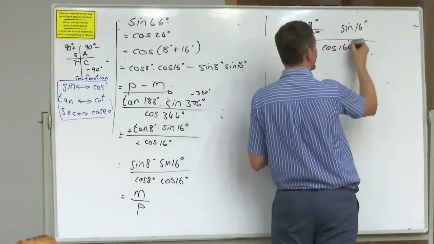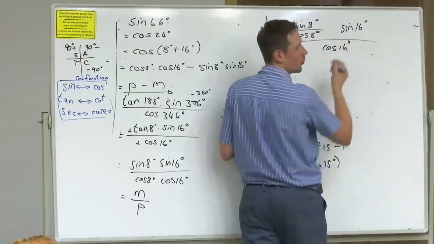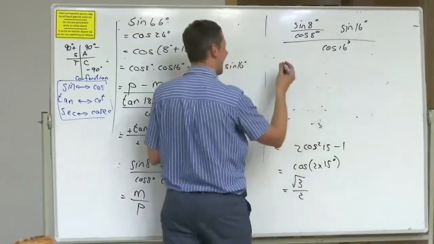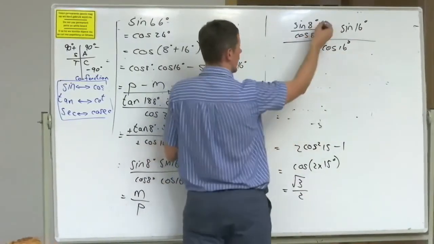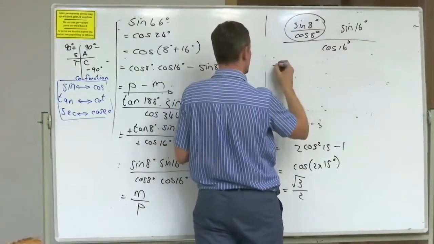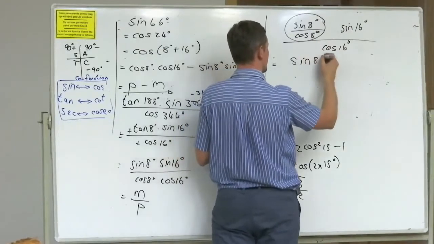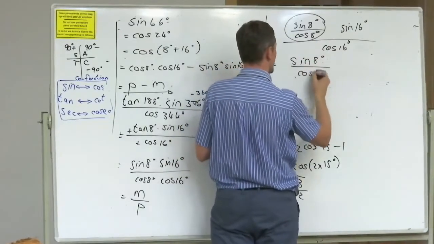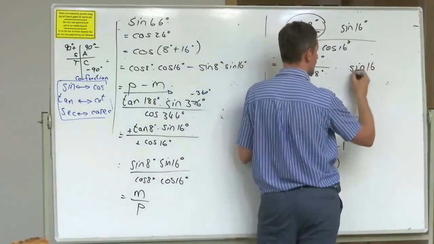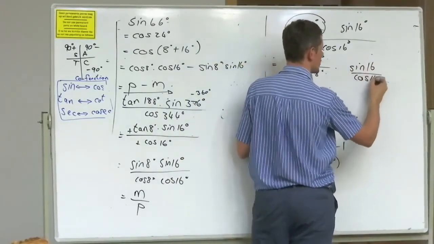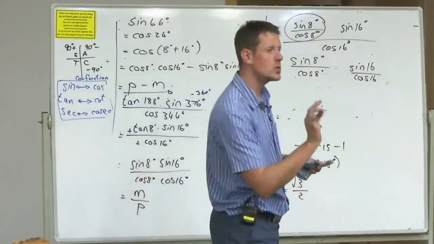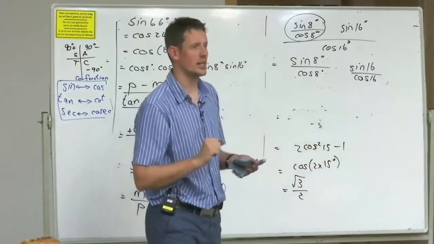It seems like I know how your brain works. But sir, if I take something times something over something, it means the same as saying sine of 8 degrees over cos of 8 times sine of 16 over cos of 16. Because there's only times and divides.